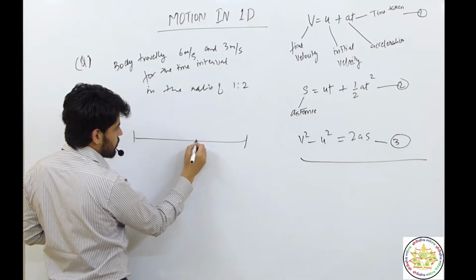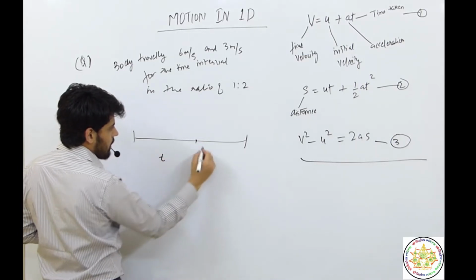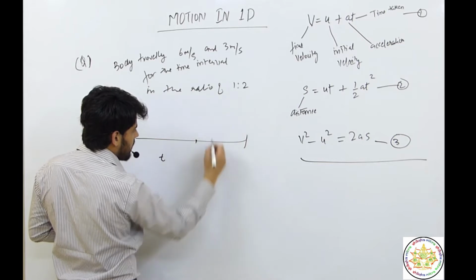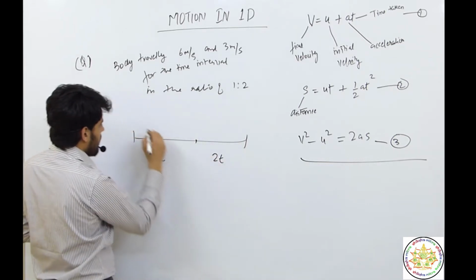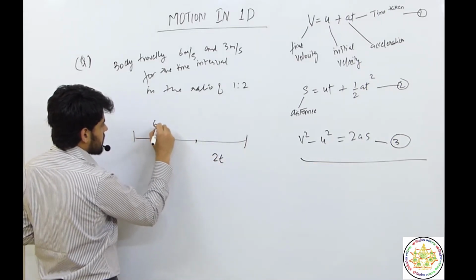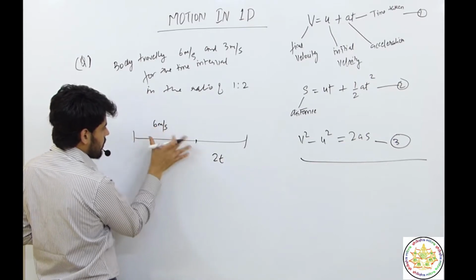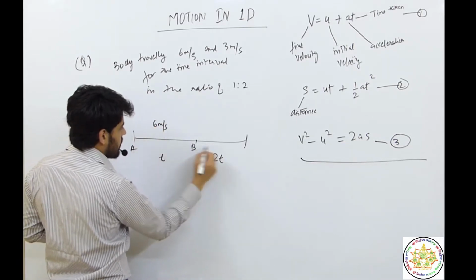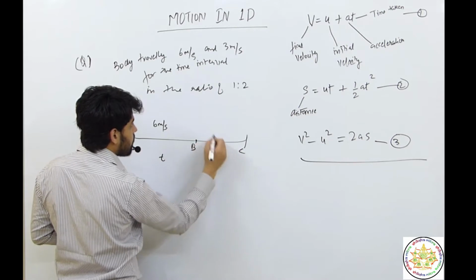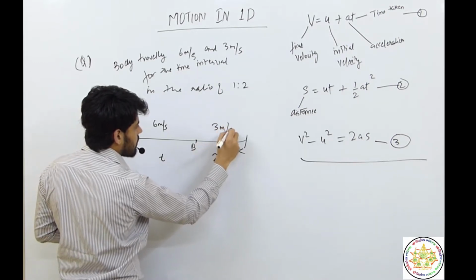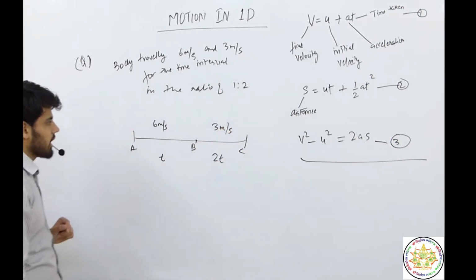So this position is, suppose, t, so the rest of the time will be 2t. The distance covered with 6 meter per second is from A to B, and from B to C the speed was 3 meter per second.